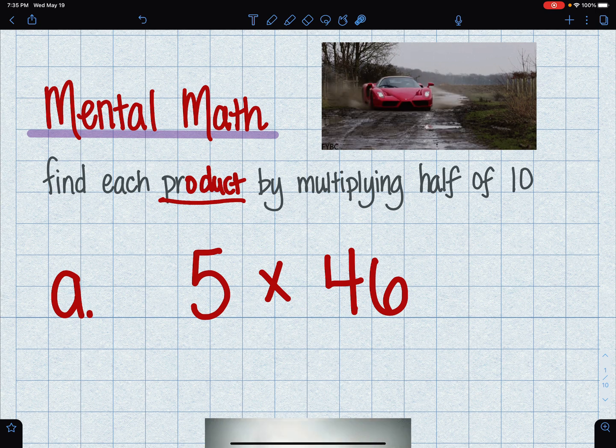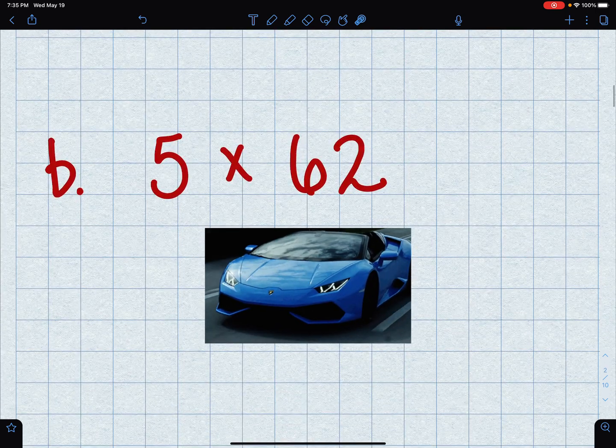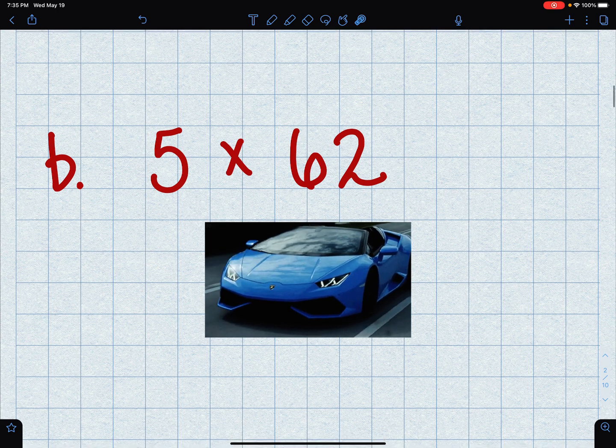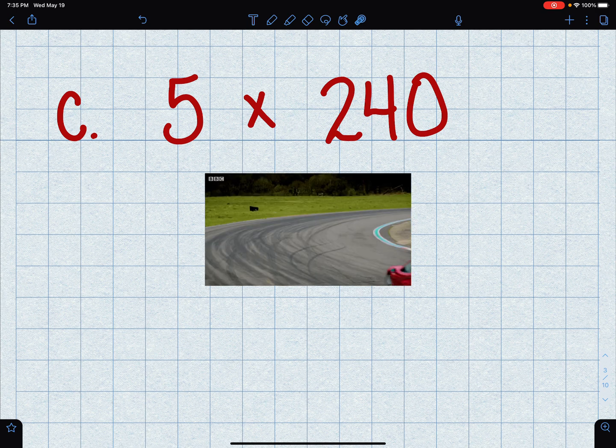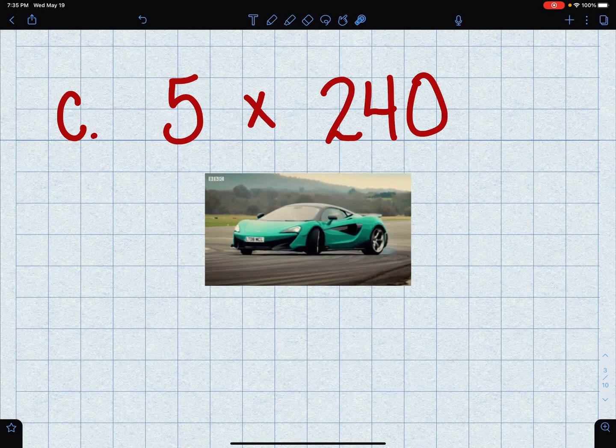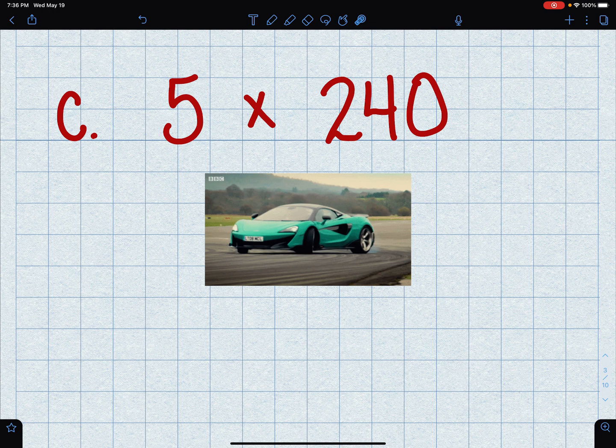B is going to be 5 times 62. Write your answer. Okay, let's do C. C is going to be 5 times 240. Write your answer.